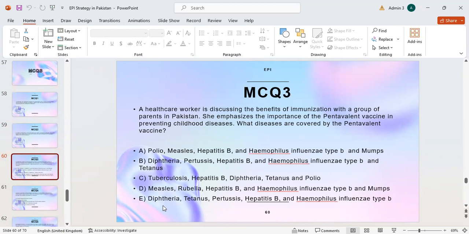Option C is tuberculosis, Hep B, diphtheria, tetanus, polio. Option D is measles, rubella, Hep B, H influenza type B, and mumps. And option E is diphtheria, tetanus, pertussis, Hep B, Haemophilus influenzae type B. The answer is option E.